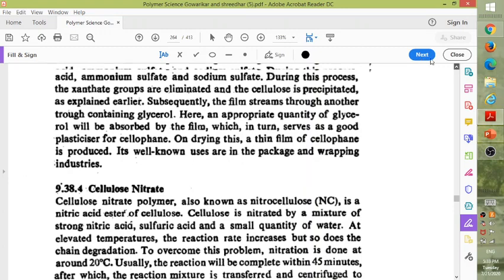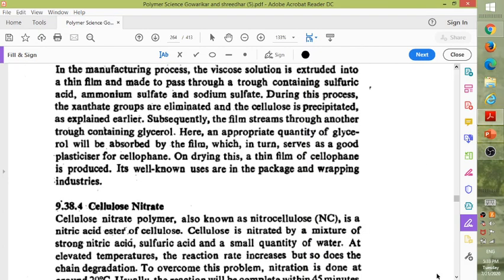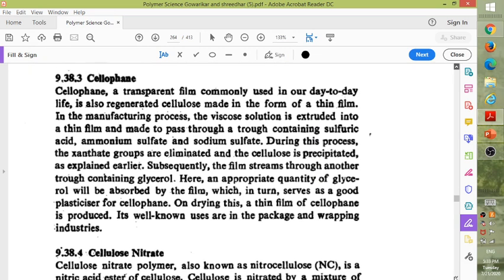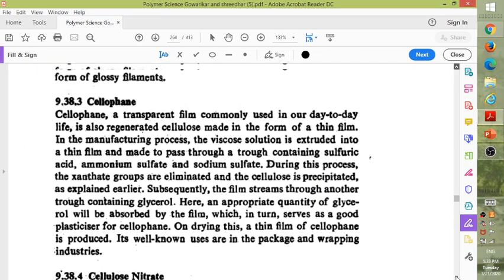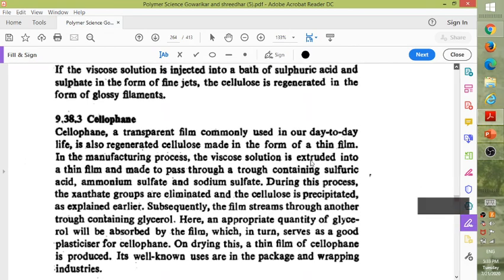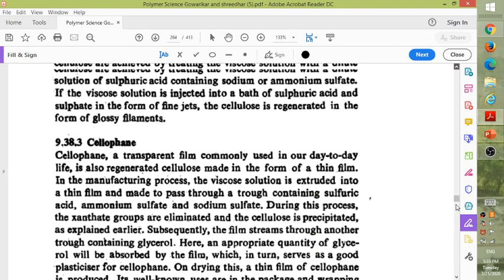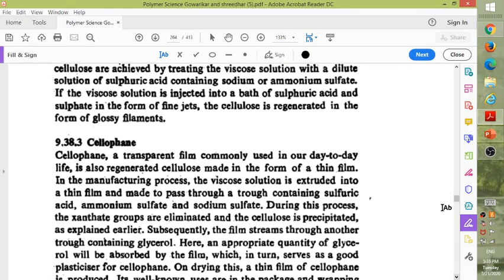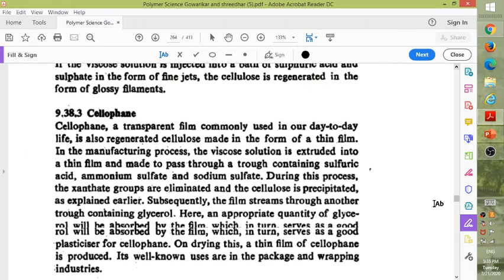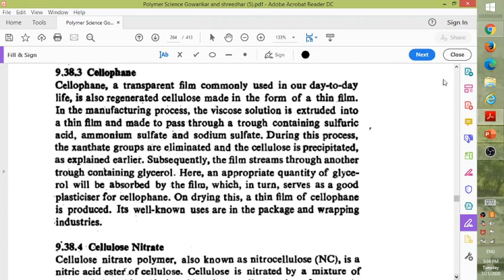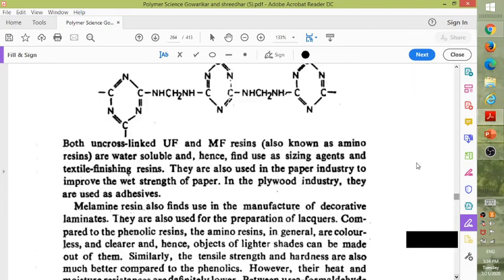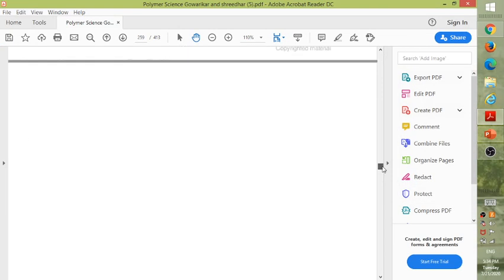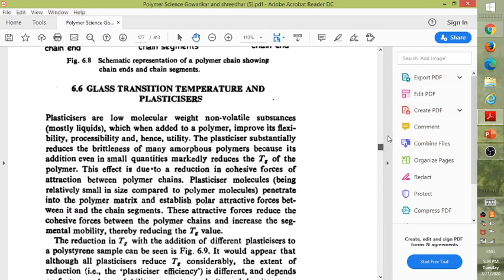Oh my god. Glitches. I hate glitches, man. Just another glitch. I can't believe this is happening, guys. Please bear with me.